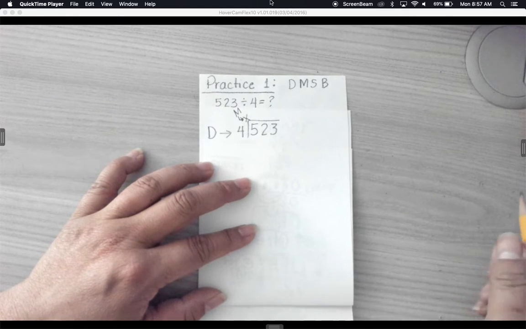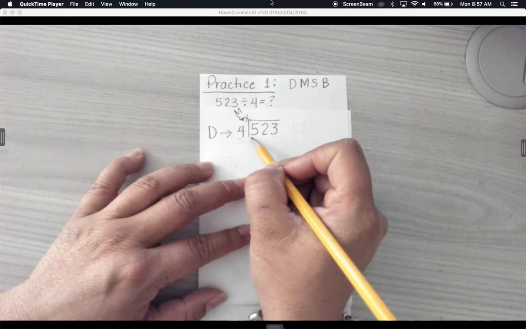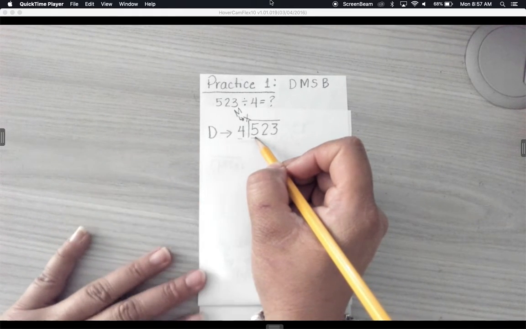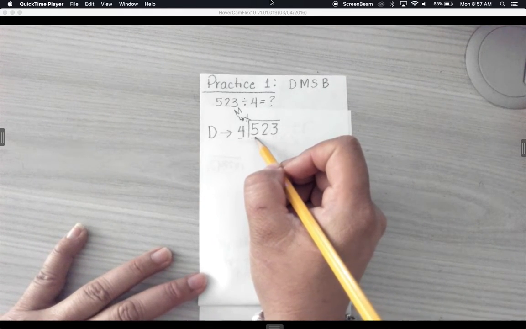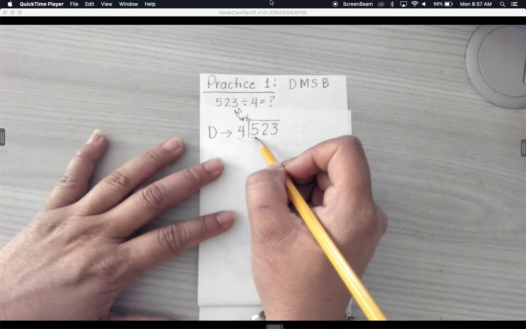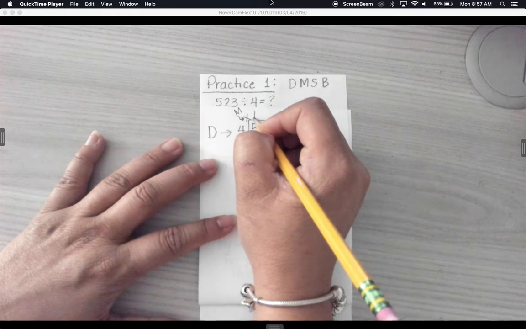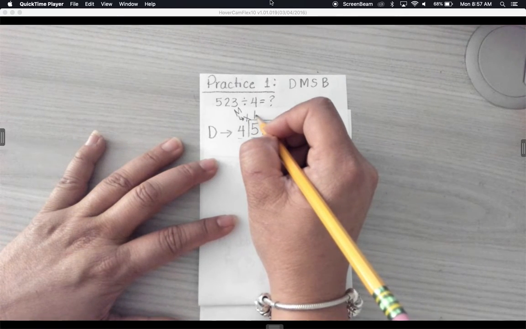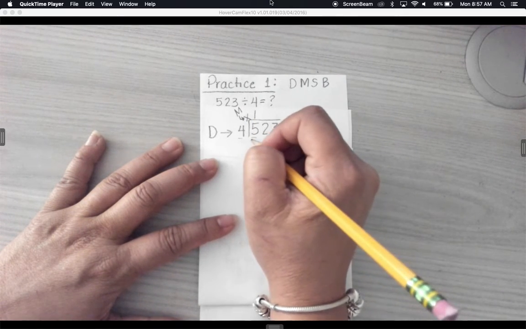Is something times 4 going to be able to give me a number that goes into 5? Yes. What? 1. So I'm going to write down 1. 4 times 1 is what? 4. And I write it down.